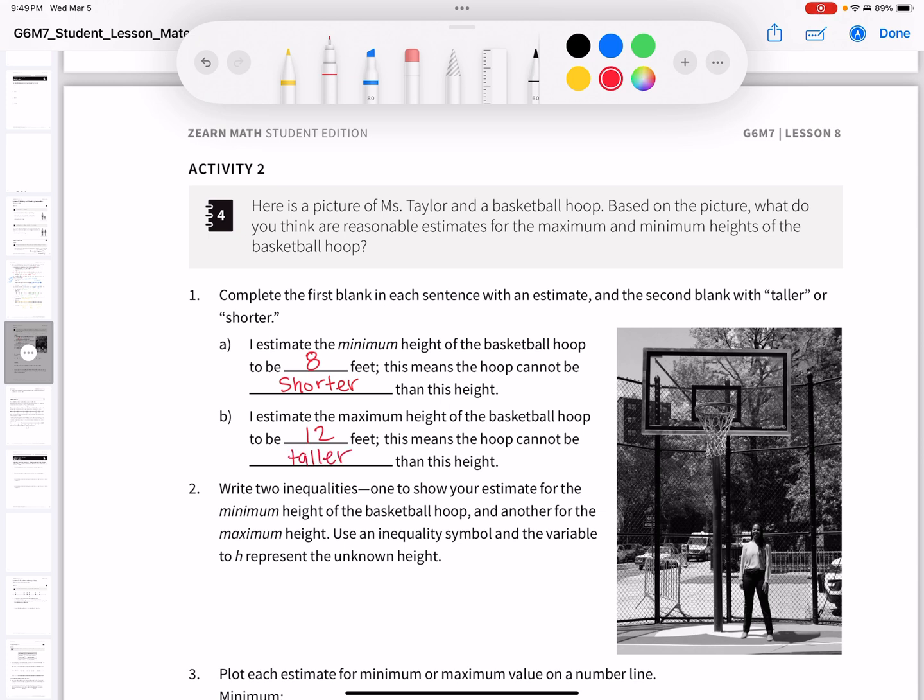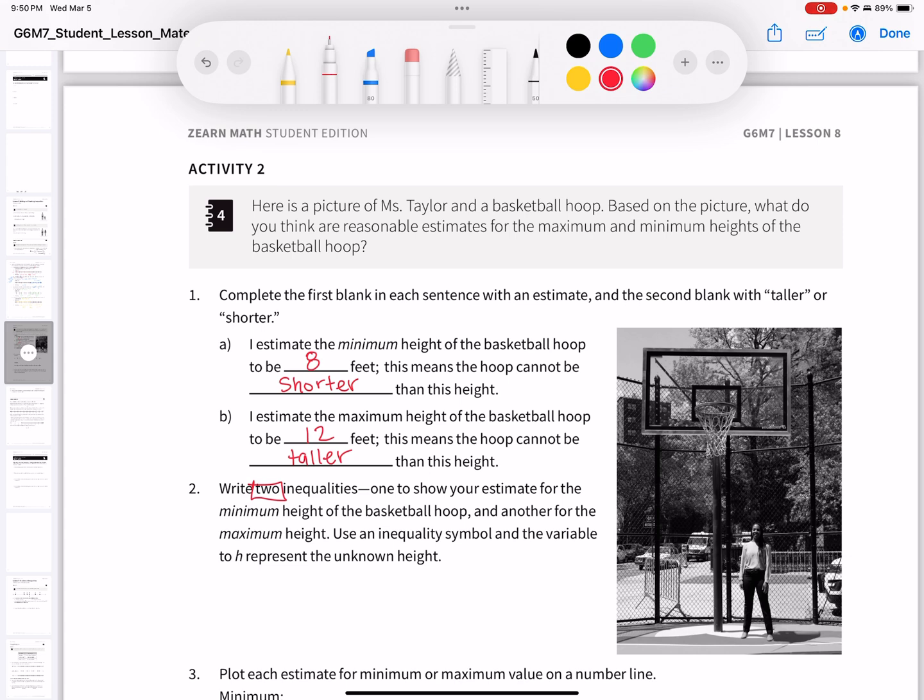Can't be shorter than 8, and it can't be taller than 12. So write 2 inequalities, one to show your estimate for the minimum height of the basketball hoop, and another to show the maximum height. Use an inequality symbol and the variable h to represent the unknown height.